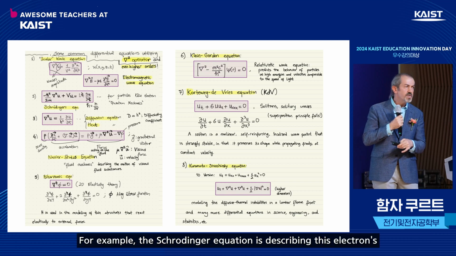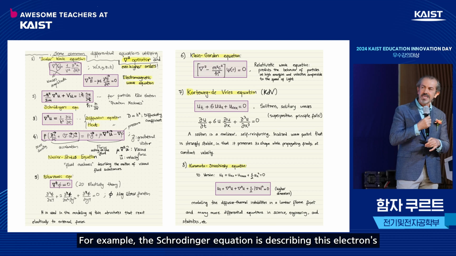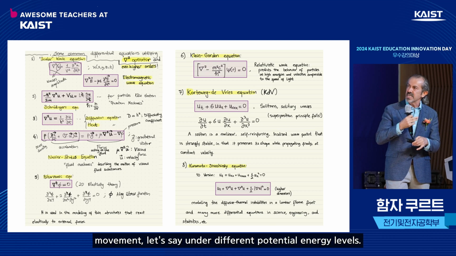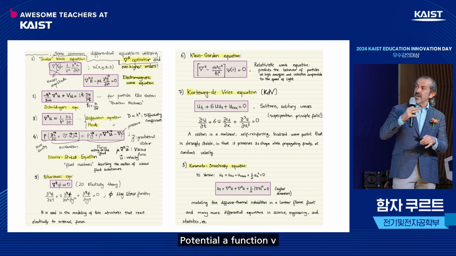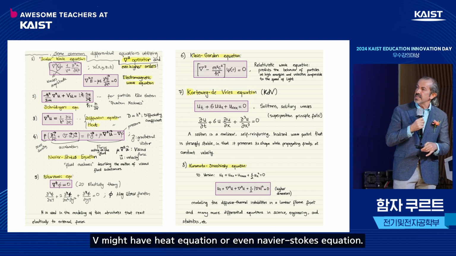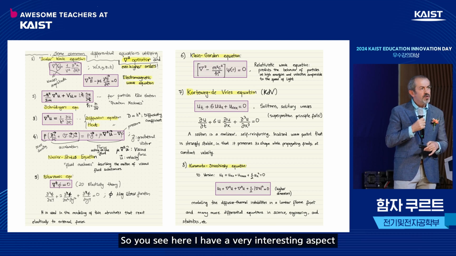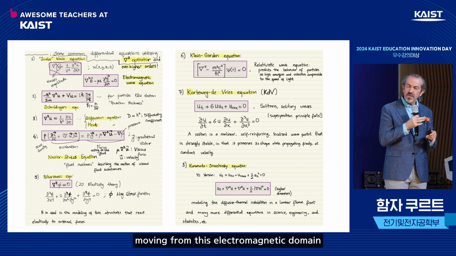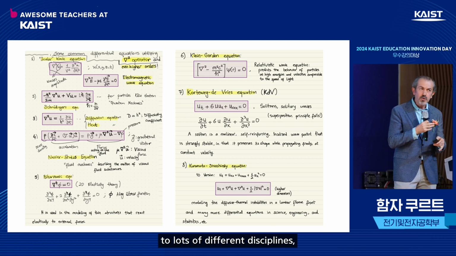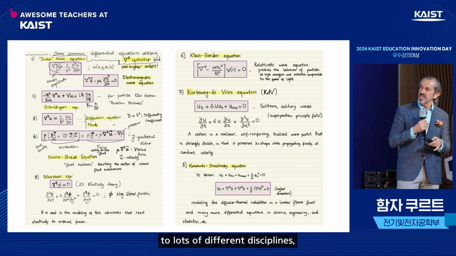For example, this Schrödinger equation describes the electron's movement under different potential energy levels, potential function V. We might have the heat equation or even the Navier-Stokes equation. So you see here, I have a very interdisciplinary aspect, moving from this electromagnetics domain to lots of different disciplines.